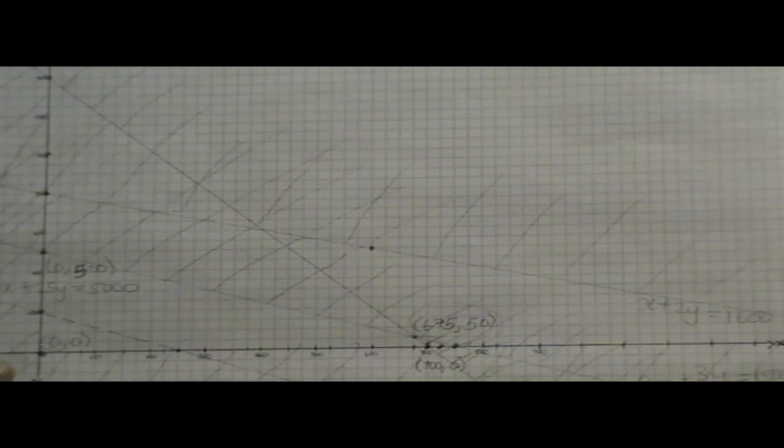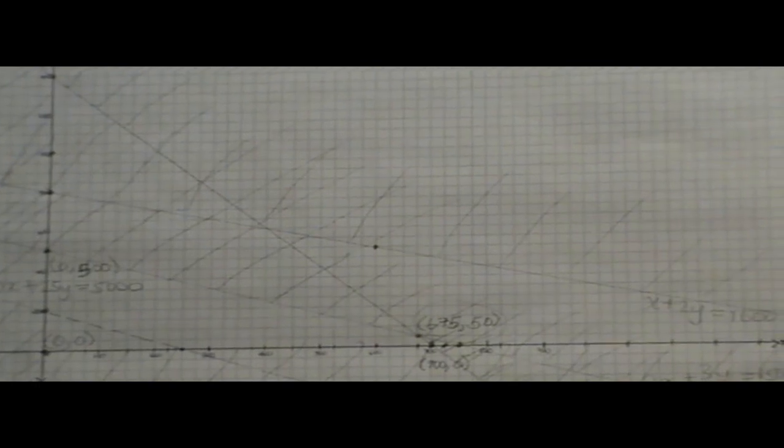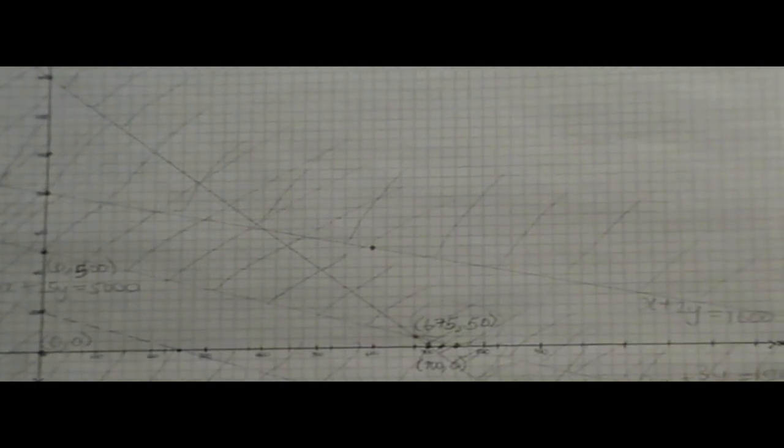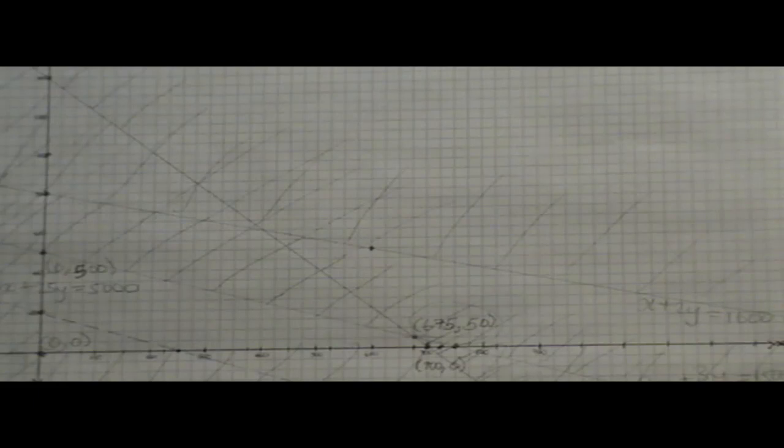Before, I said you could check what all of these values give you, and this line just confirms it. Because it is the profit line, the objective function line, and a line parallel to it does pass through this point. Quickly we can check what profit we will get from the other points.